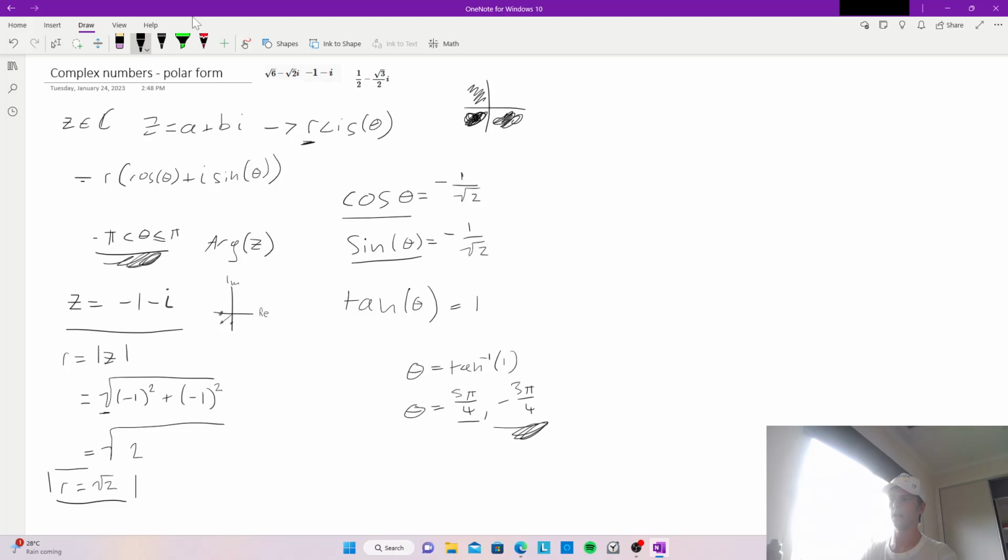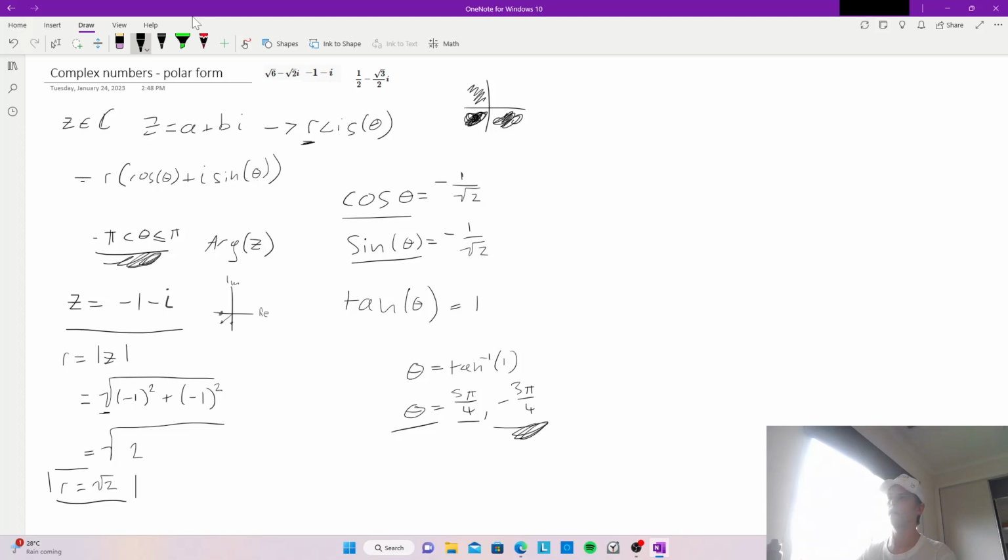So once we've found theta, that's pretty much just game over. We know our r cis. So r cis, actually we'll just write the full thing out here. We got r cis theta.